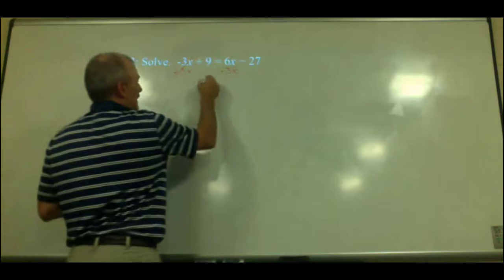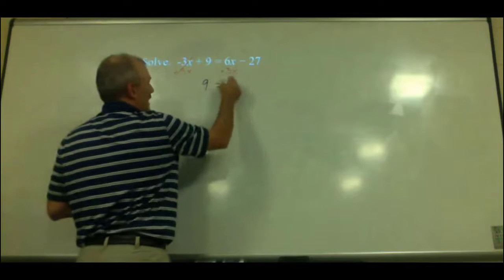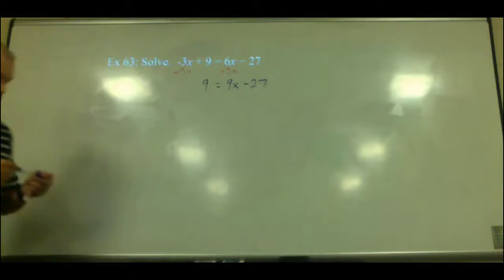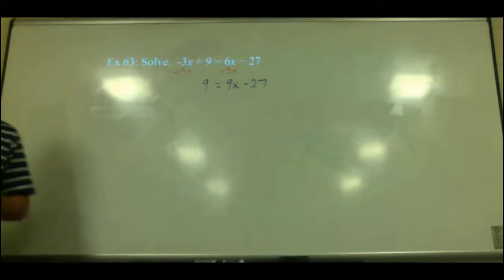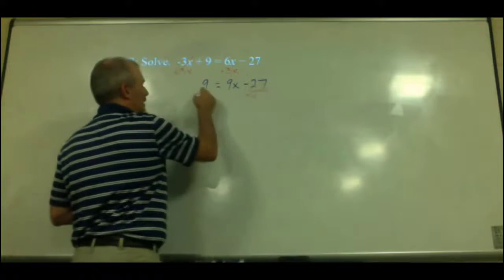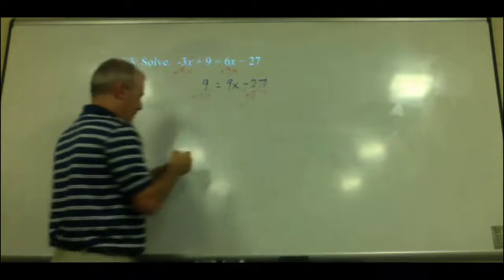Now we just have 9 over here, and we have 9x, and we have -27. So again, now we're down to a two-step equation. What are we going to get rid of next? -27. How do we get rid of it? Add 27. Correct. So this cancels.